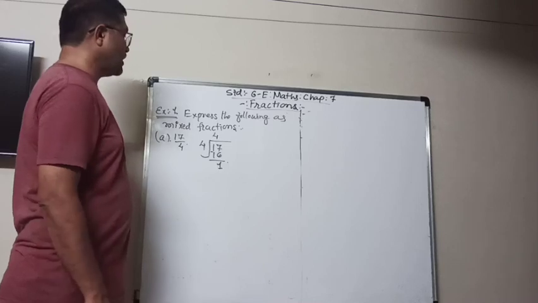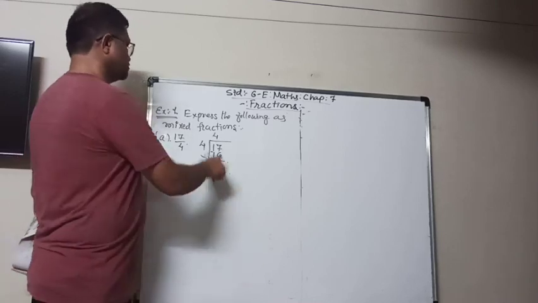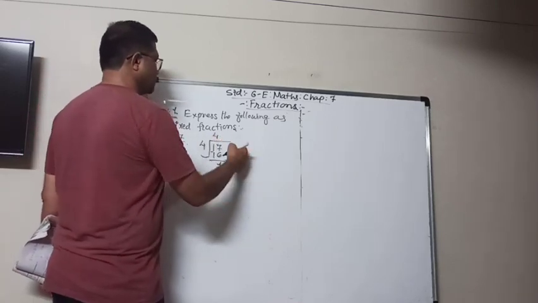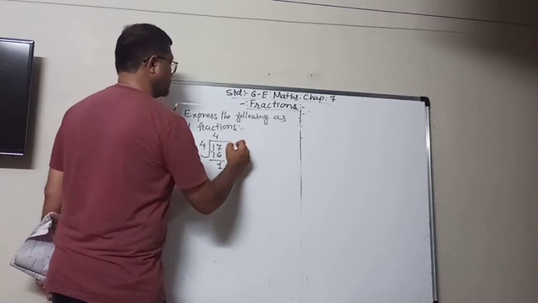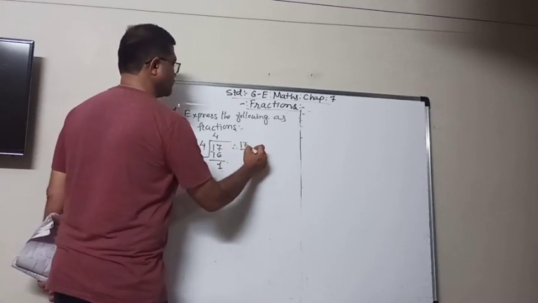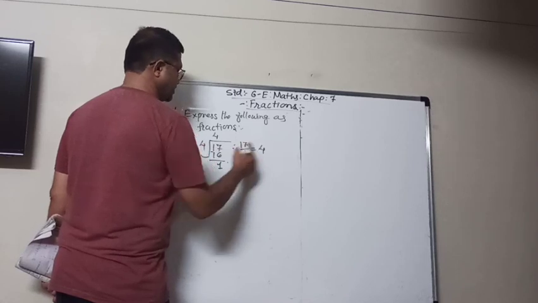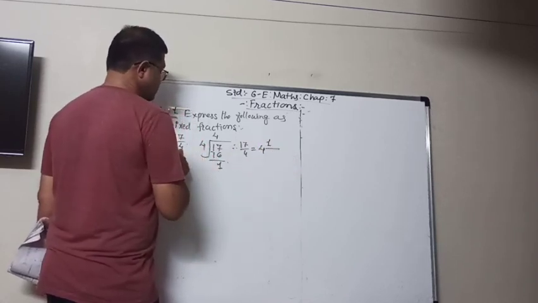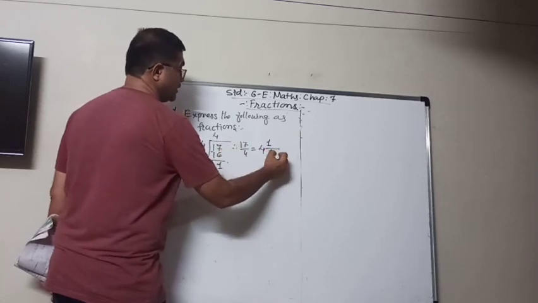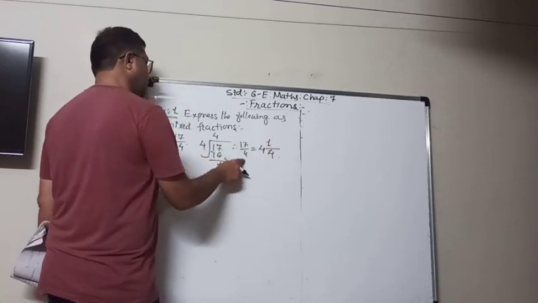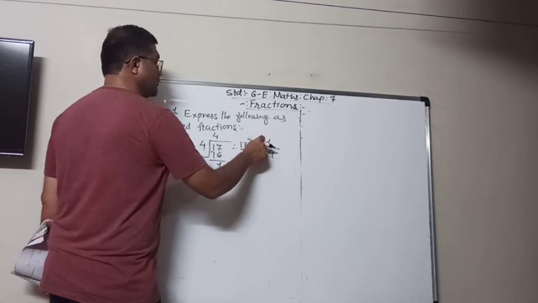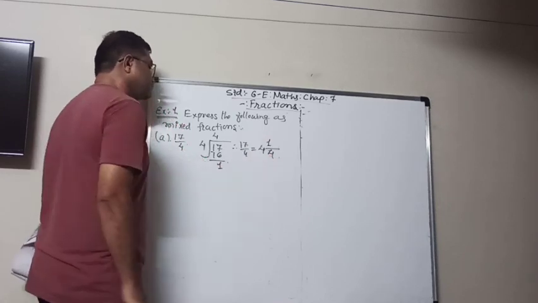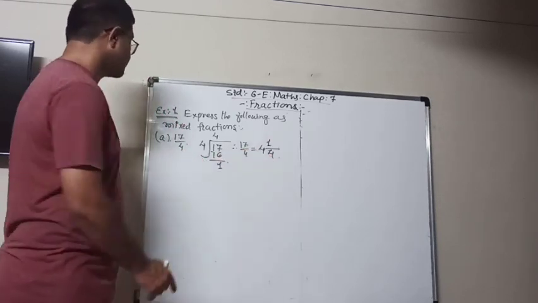So now as we know that the quotient will be written, so 17 upon 4 is equal to 4 integer, the remainder will be on the top and the same denominator will be written. So 17 upon 4 can be expressed as 4 integer 1 upon 4 as a mixed fraction.